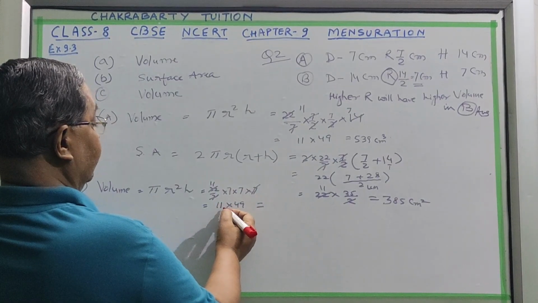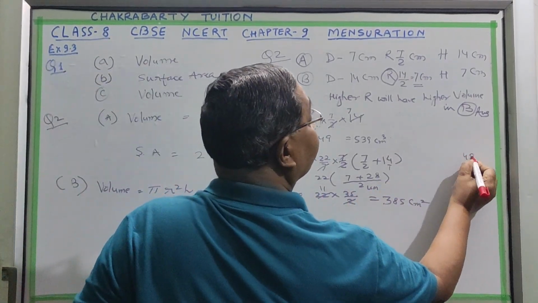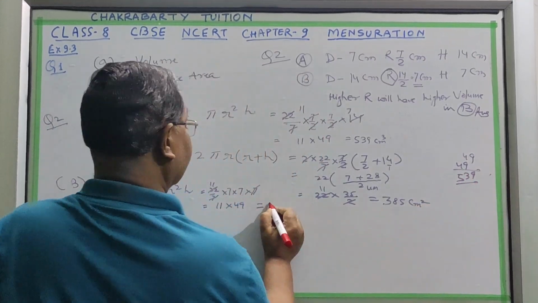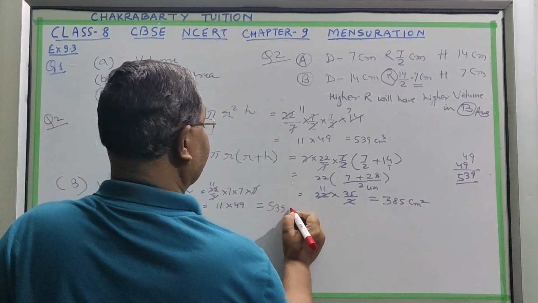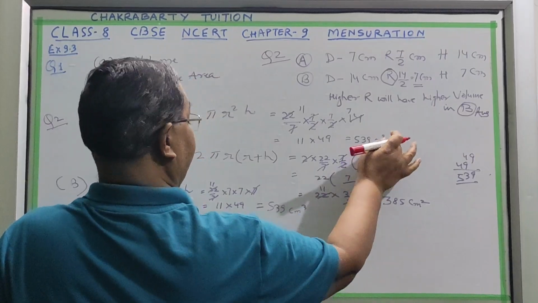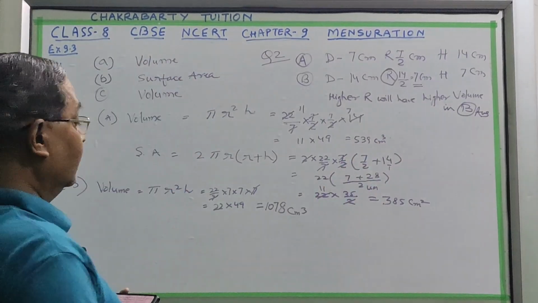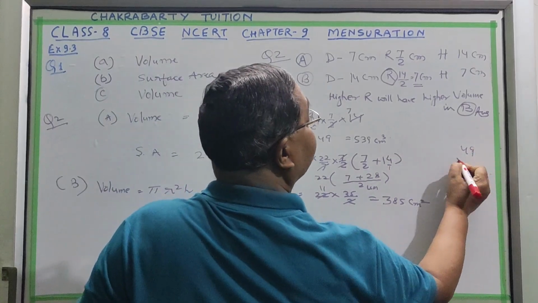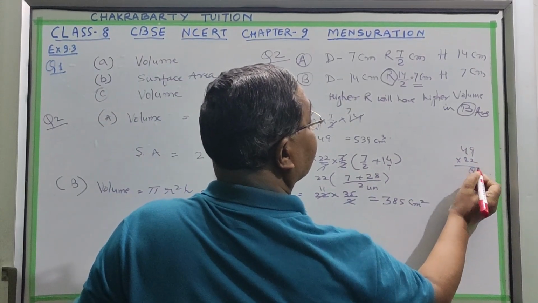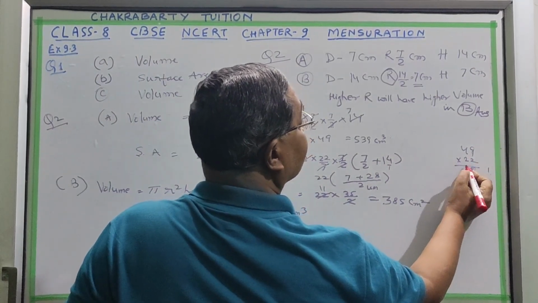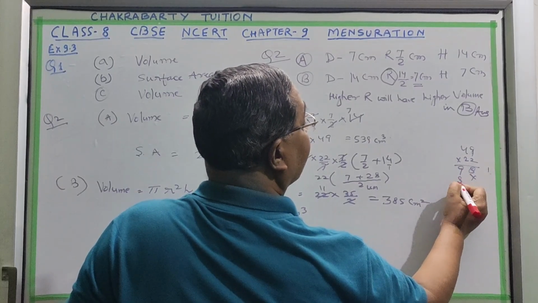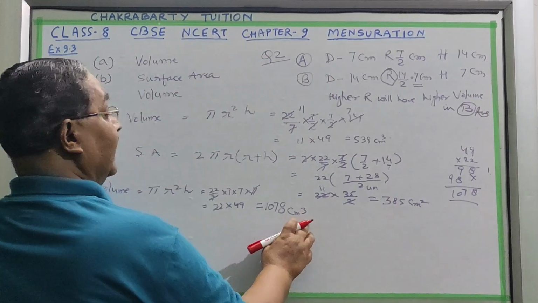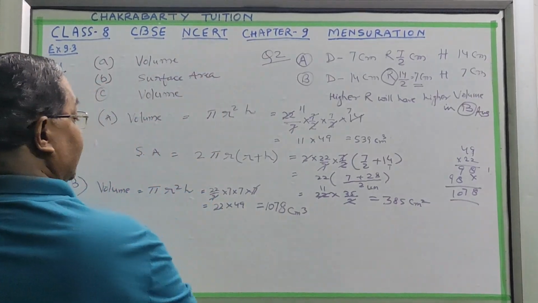So 49 into 11 is 539, and then we multiply 22 and 49. It will come to 1078 cm cube.